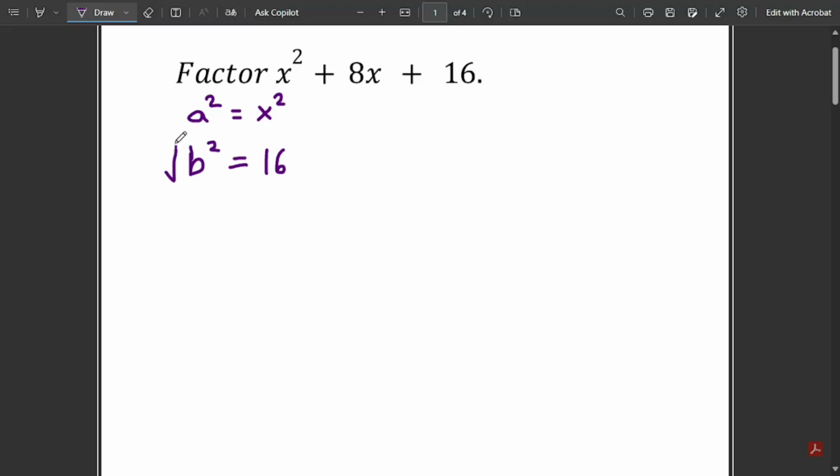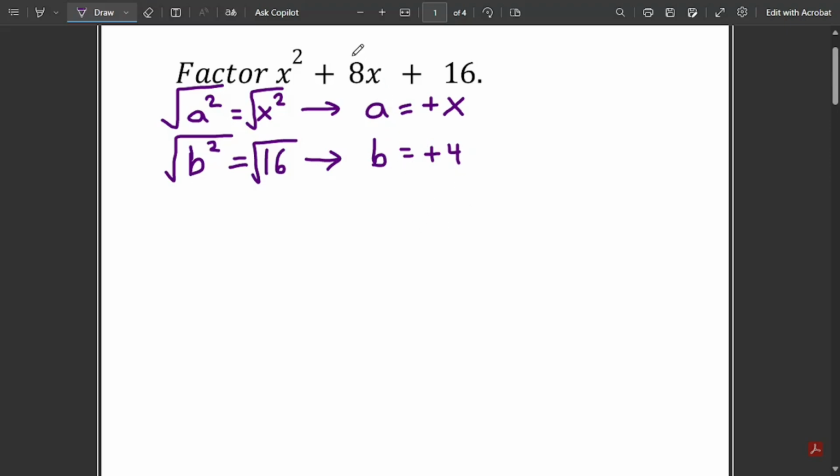So let's take the square roots of both. If I take the square root, I get a, which would technically equal plus or minus x, but since everything is positive here, we're going to stick with positive x. And then b could be plus or minus 4, but again, we have positive, positive, so I'm just going to stick with positive 4.